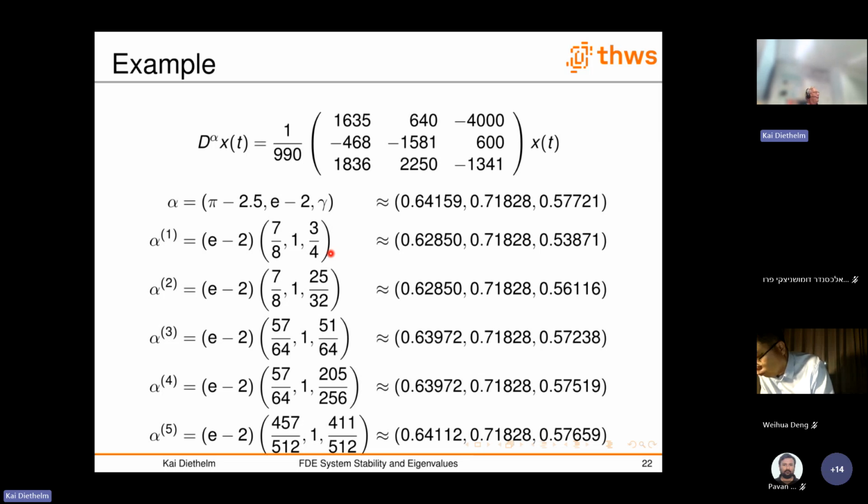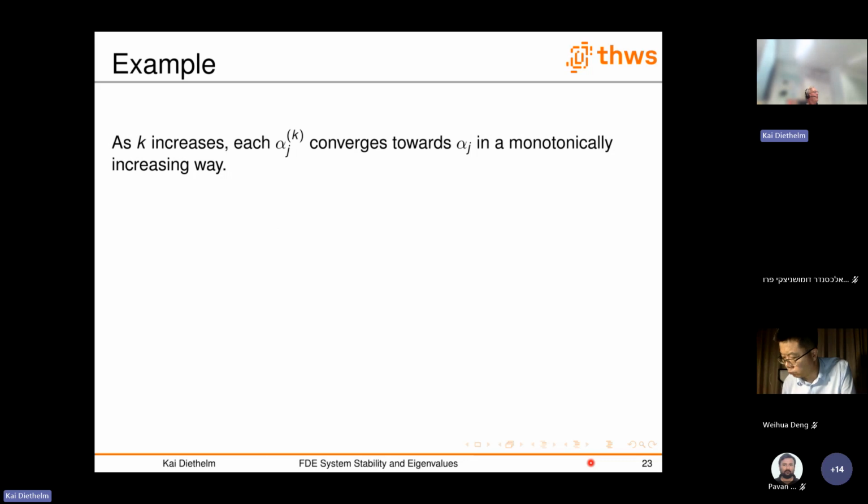When you look at those components here, you can see the middle one is always exact. The others get closer to the true value, and they get closer in a monotonic way. So when you go down here, numbers get bigger. It's monotonically increasing, and the same here. So each component in its own right converges towards the limit in a monotonically increasing way.